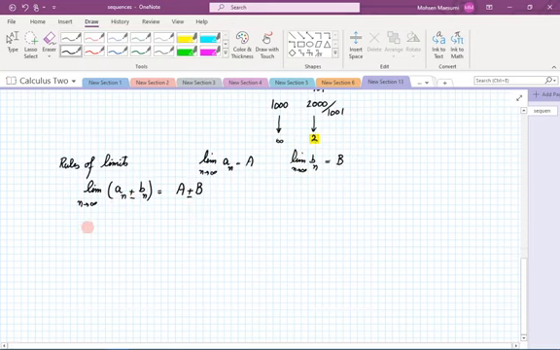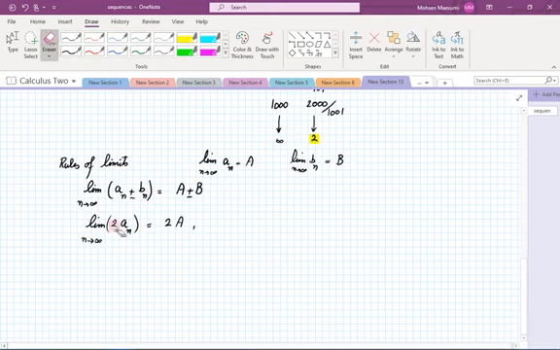But if you were multiplying, suppose you were taking a_n and doubling each term, what would be the limit of that? Well, if everything doubles, the final answer is also going to double. So the limit of that when n goes to infinity is 2A. Nothing special about 2. If it was a 3 or 4 or minus 5, the same thing is going to happen.